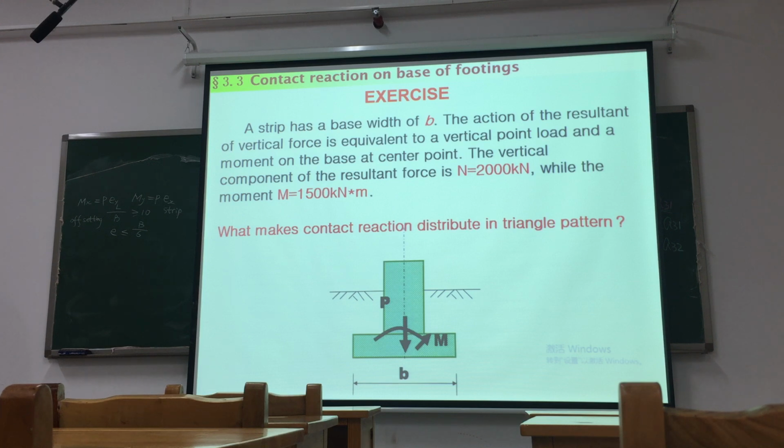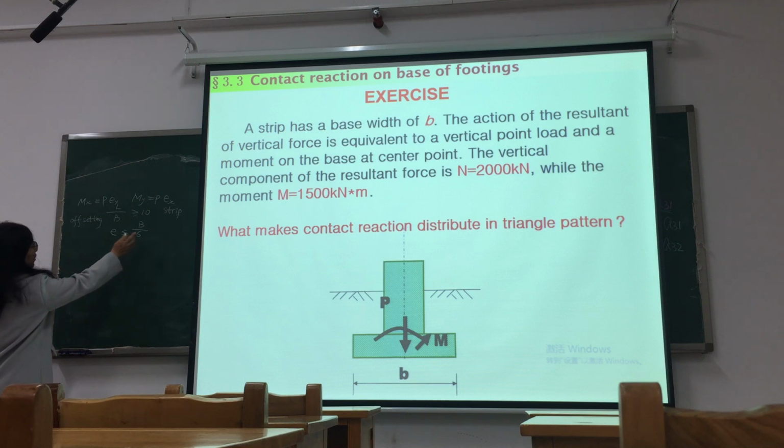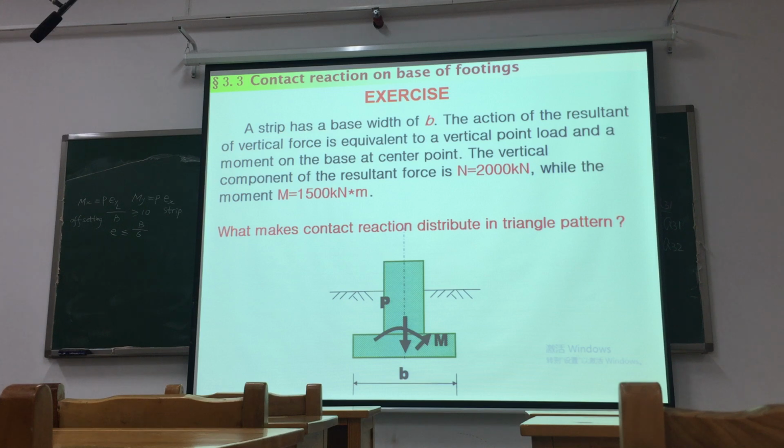Okay. For offsetting equal to b divided by 6, maybe a triangle. Here the minimum pressure equals 0. But for offsetting larger than width divided by 6, in some region tension appears, okay?